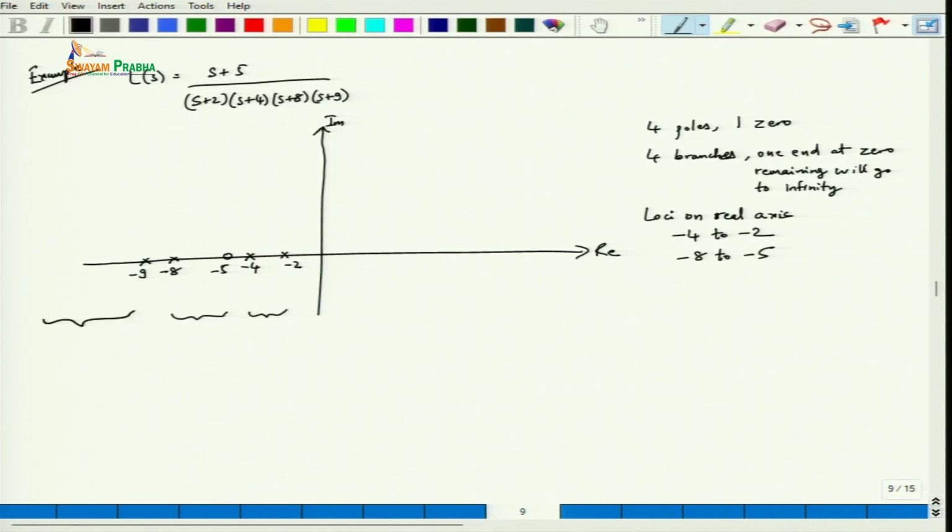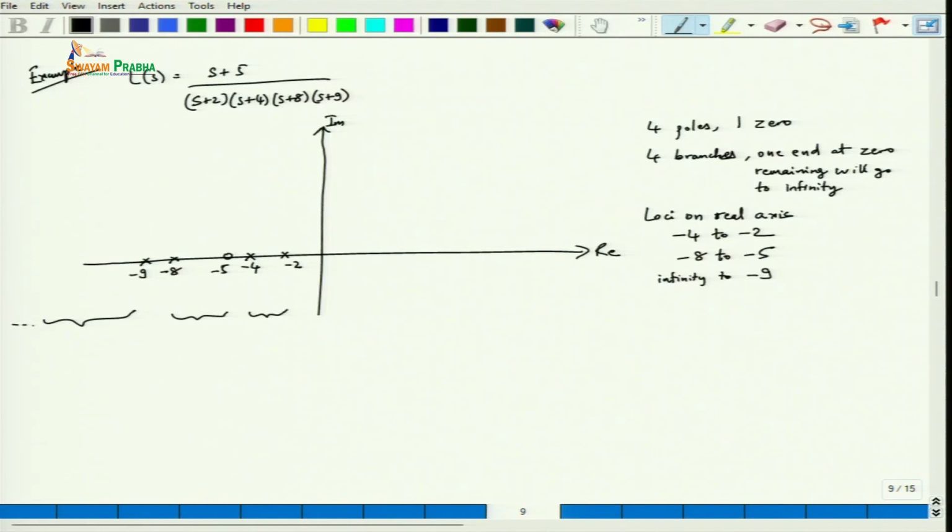So till infinity, this part is there. So we can say going from infinity to -9. So these are the 3 regions of the root loci on the real axis.